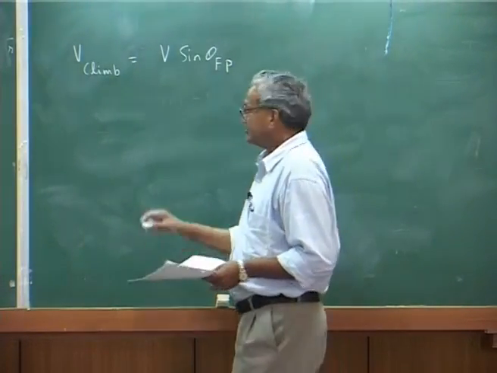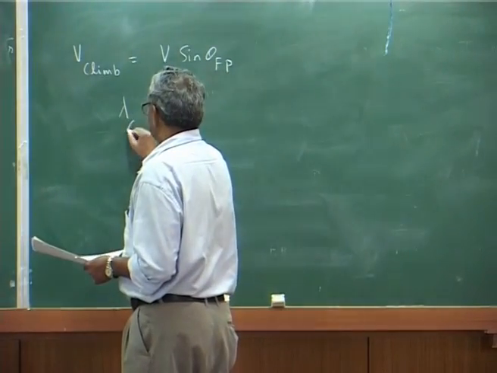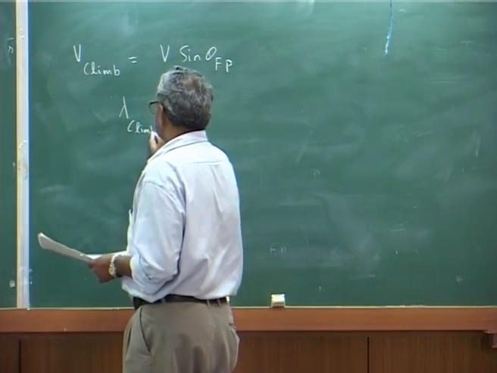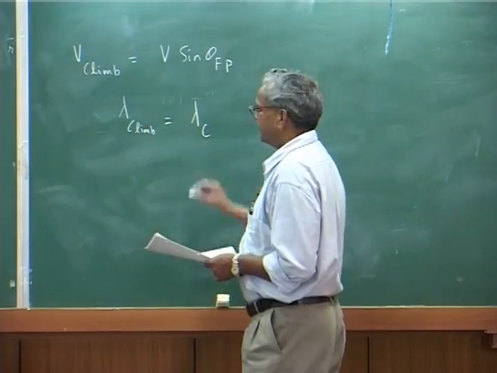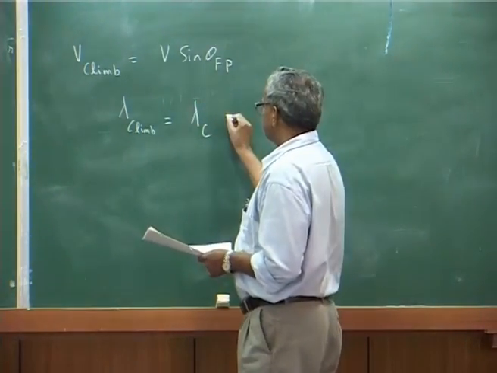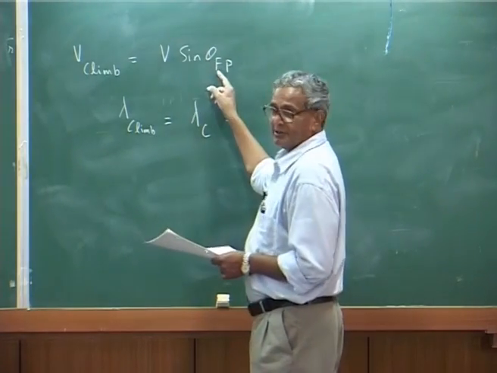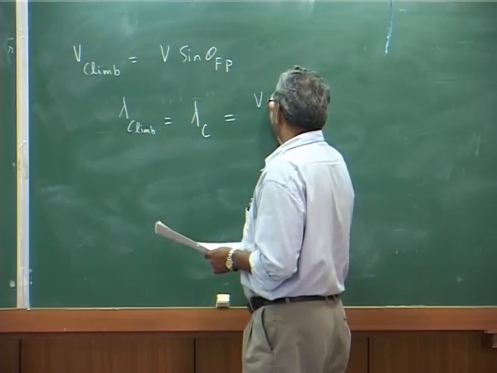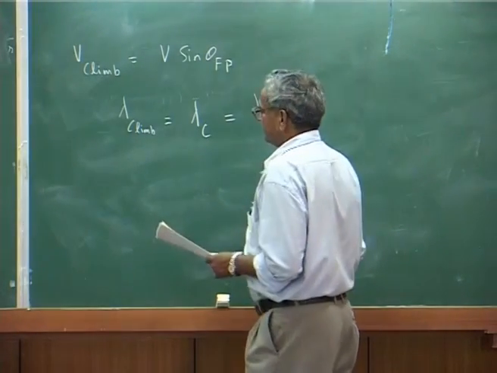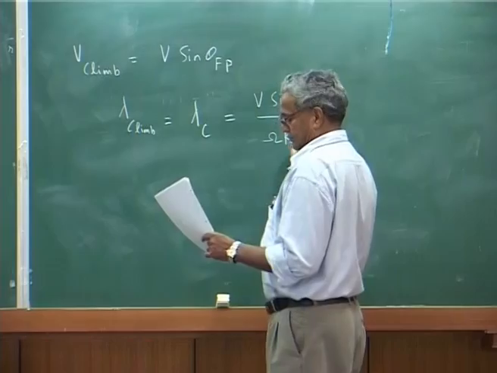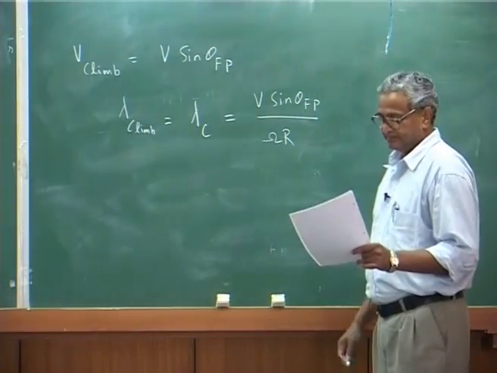Non-dimensionally, lambda climb, which I call lambda c, is this divided by omega r.